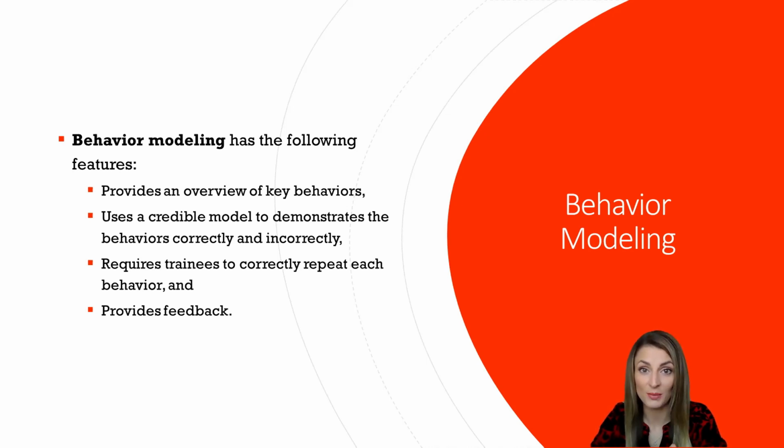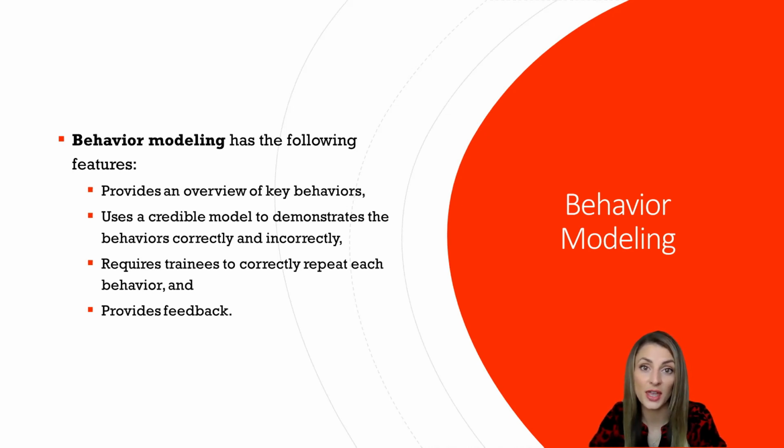The best behavior modeling programs also demonstrate the incorrect way to perform a behavior. Then trainees practice these key behaviors several times in a risk-free environment, usually in front of their peers, and the trainer and their peers then provide constructive feedback.